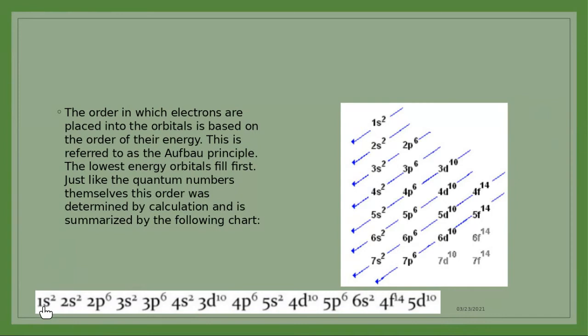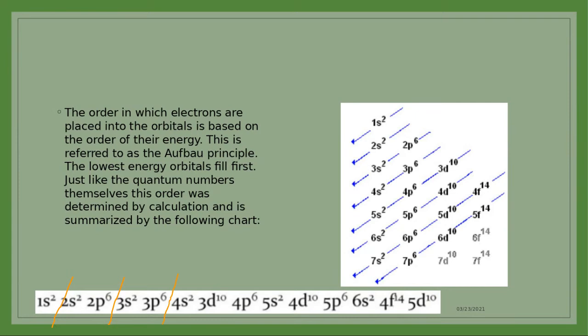For example, 1s2, this is the first shell, and this closes the shell. Then 2s2, 2p6, and this is the second shell, and you have to close that shell. This is 3s2, 3p6, the third shell, and close the shell.